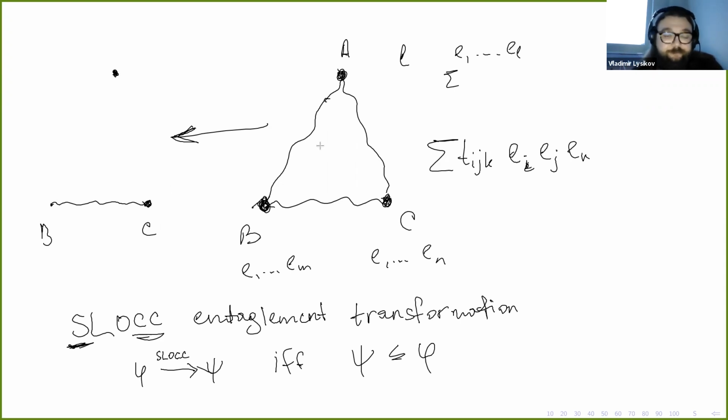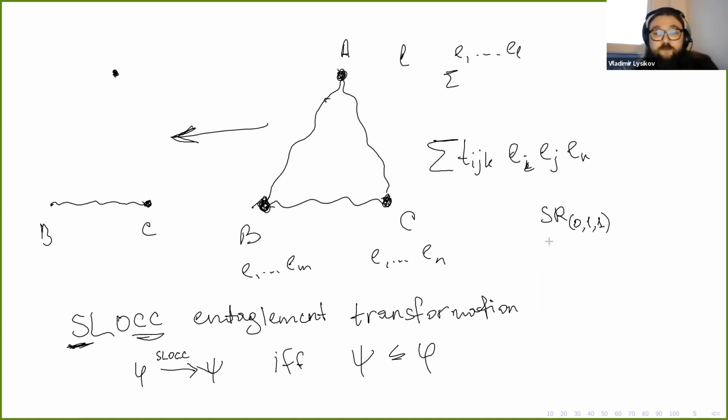Then actually the rank of the entanglement between B and C is described by the slice rank weighted by 0, 1, 1.